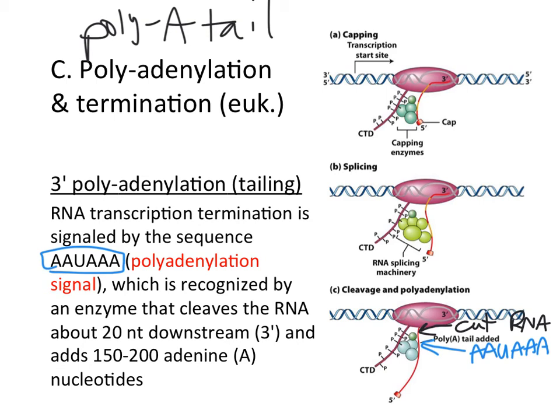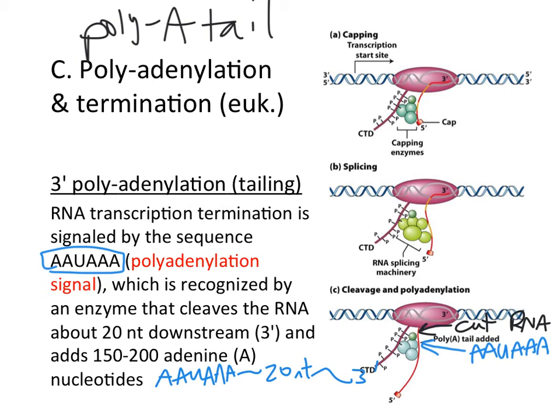So there's an AAUAAA, and then there's about 20 nucleotides, and then it's 3' end. What those 20 nucleotides are is dependent on the template, of course, the DNA that is being transcribed. But that AAUAAA is always there.